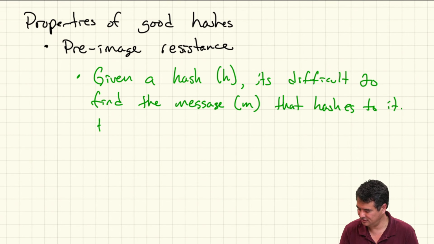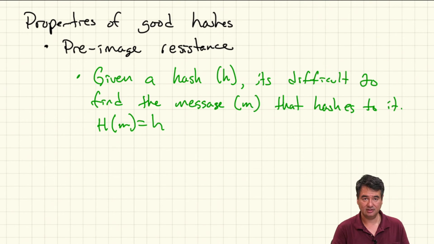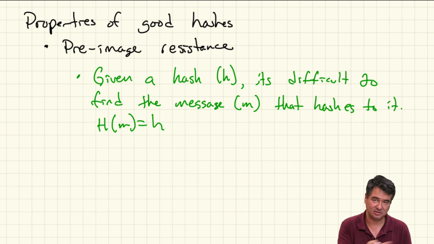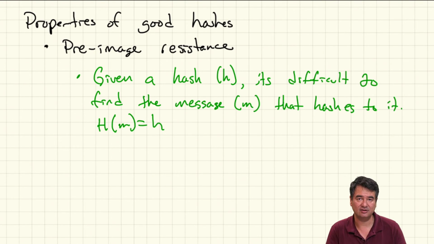That is, the hash of the message is equal to H. So pre-image resistance says, given a hash, it's hard to find the original message that hashed to that given hash. And that's exactly what we were trying to do with password cracking.